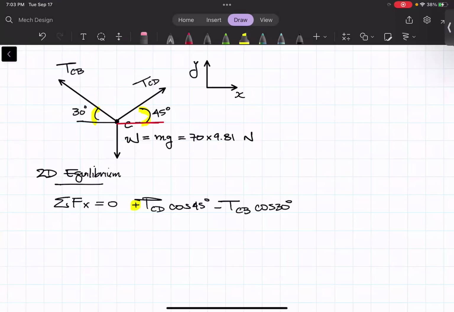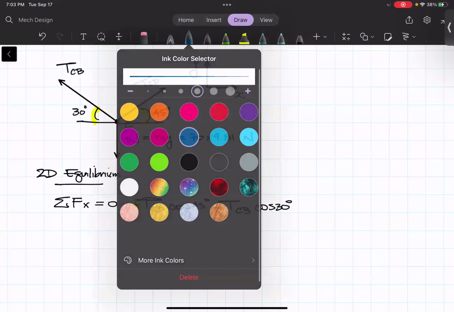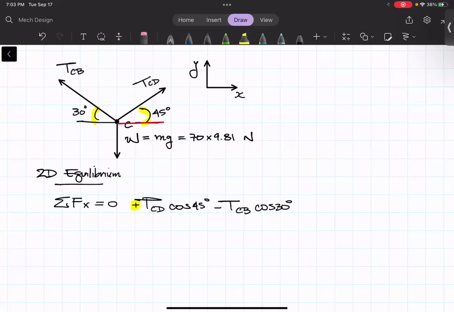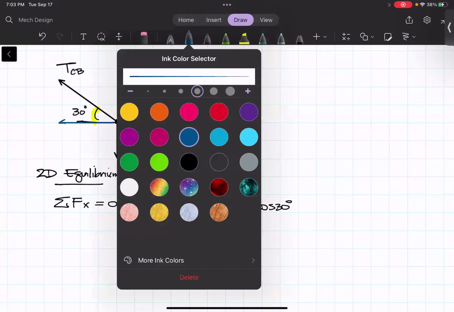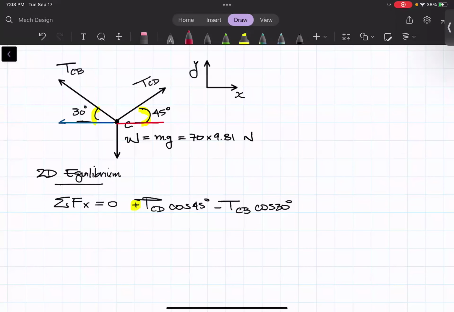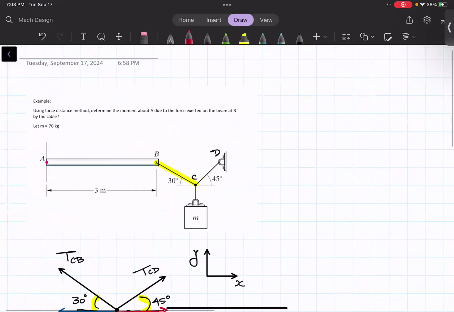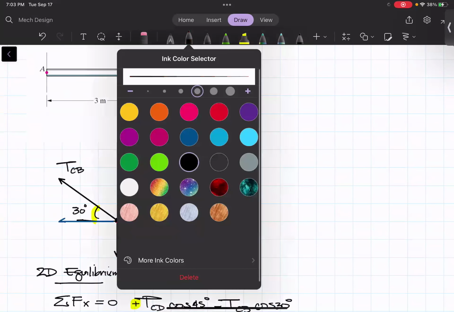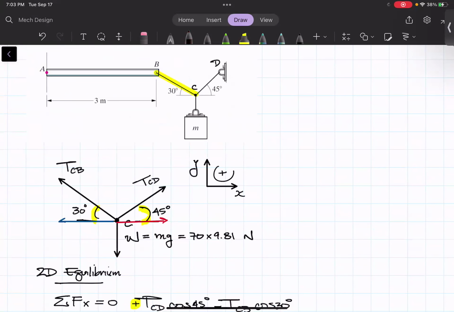Whereas TCB has a negative X component, because the X component of TCB goes this way, whereas for TCD the X component goes this way. How do I know that's my convention? It's based off this Cartesian coordinate system.